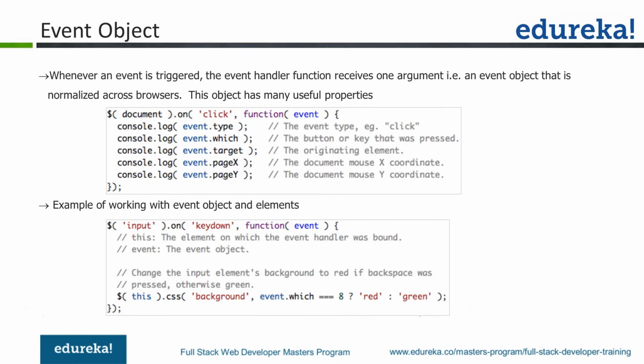Next is the event object. Apart from the fact that a click or a mouse enter or a mouse leave has happened, there is another very important thing, which is the event object. Whenever the event happens, you might require additional information about the event. This is passed to you by the event object, which has several attributes. One of them is type.